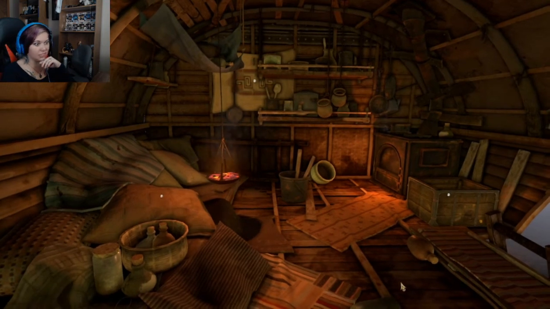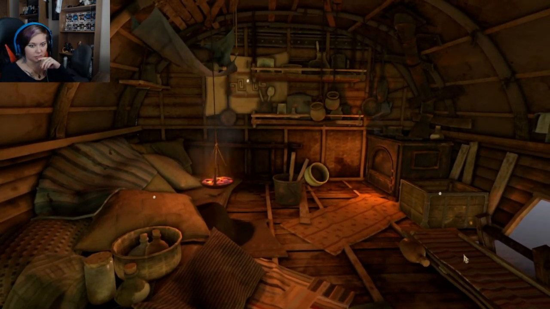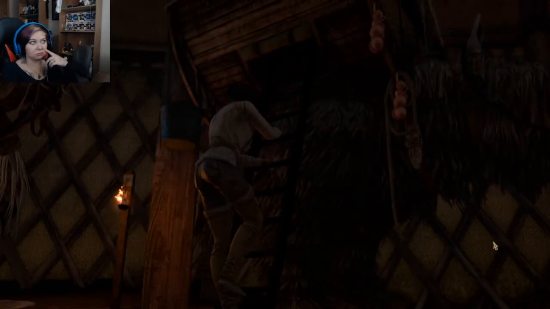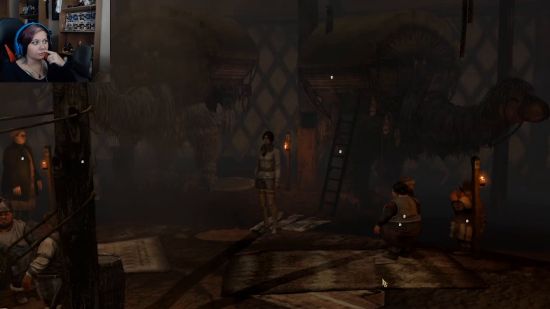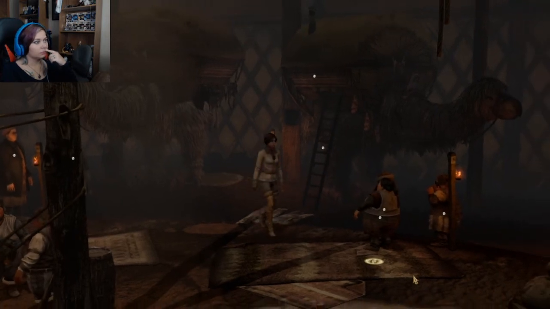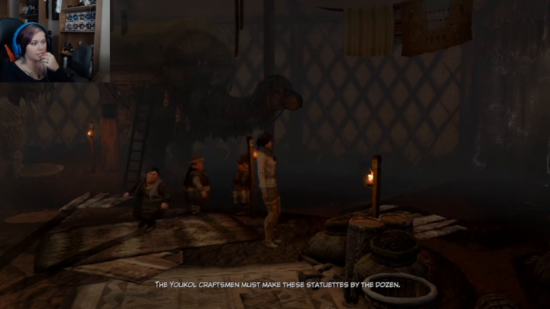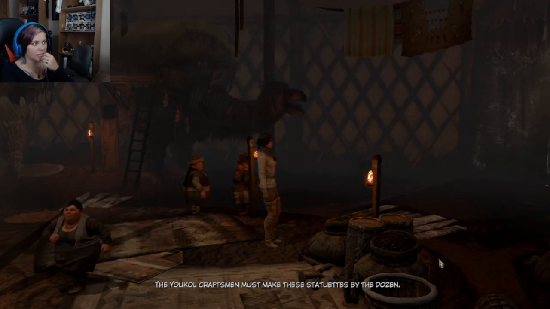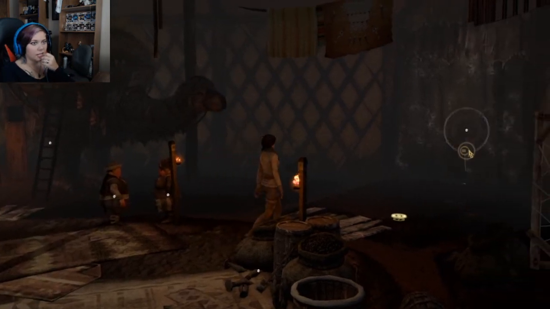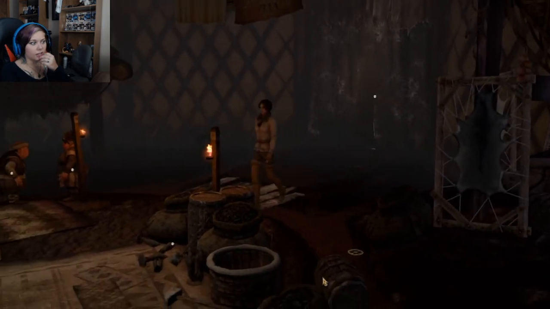Was there a reason I had to come in here? Okay, so I need to get... craftsmen must make these statuettes by the dozen. Okay.